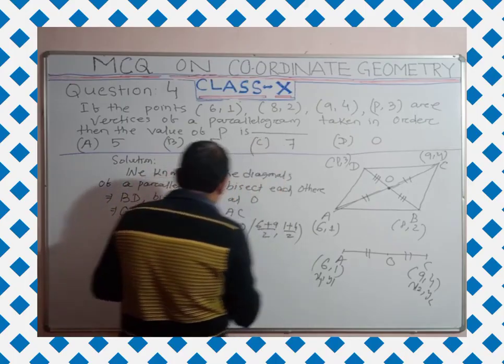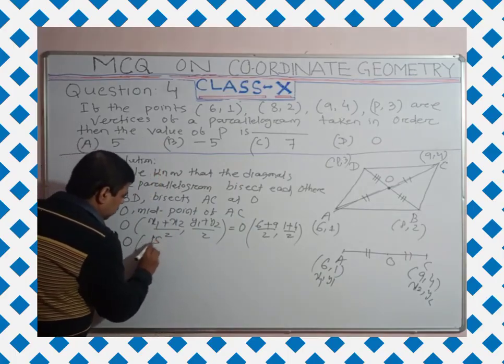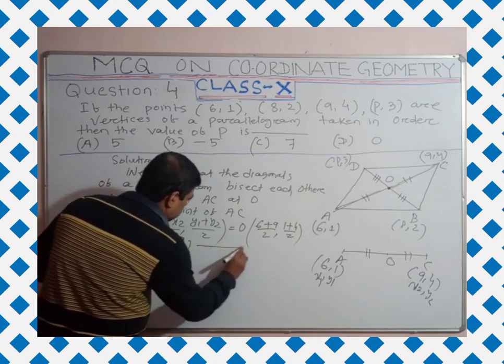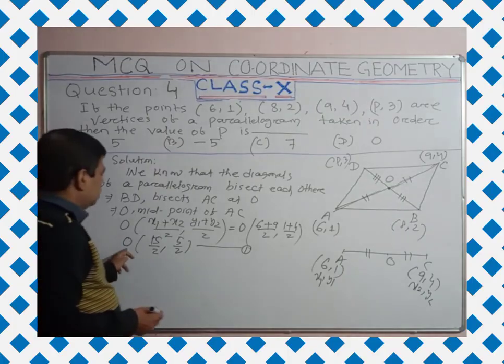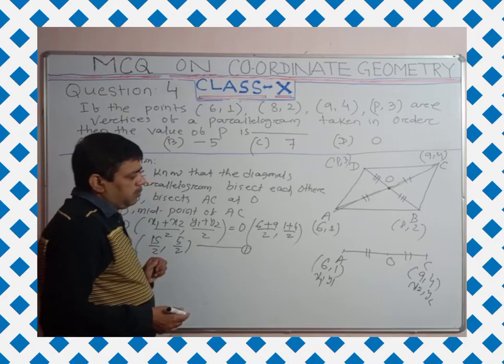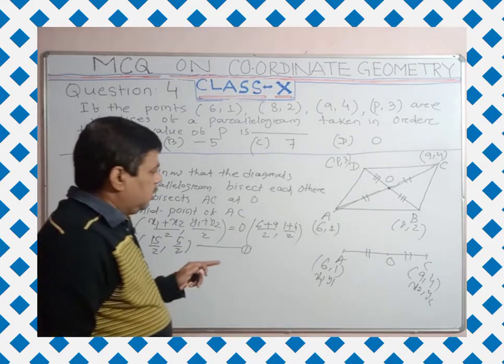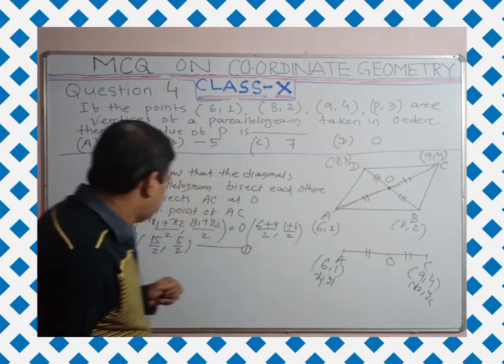Hence we got the coordinate (15 upon 2, 5 by 2). If O is the midpoint of the diagonal AC, then the coordinate of O is (15 by 2, 5 upon 2). Yes, 6 plus 9 is 15 by 2. Once again check: y1 value 1, y2 value 4, 1 plus 4 by 2.